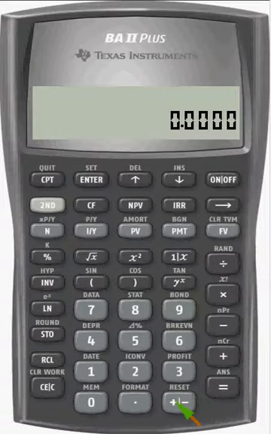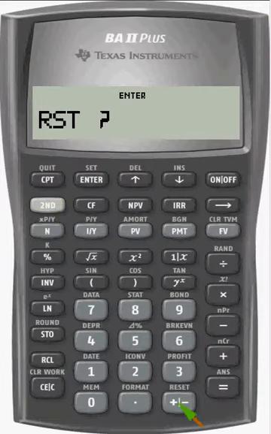That's the reason I suggest that every time you start new calculations, remember to reset the financial calculator. The reset function is here. To reach it, first push the second shift key, then push this button. Now it's asking whether to reset or not. Then you push the enter key to confirm.